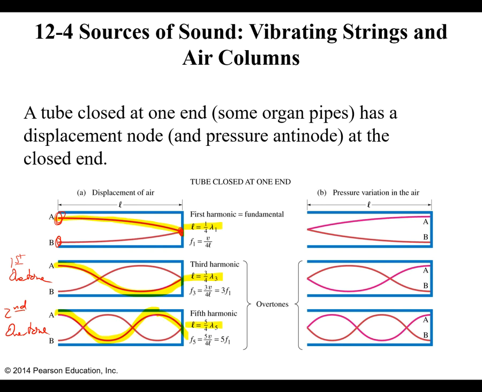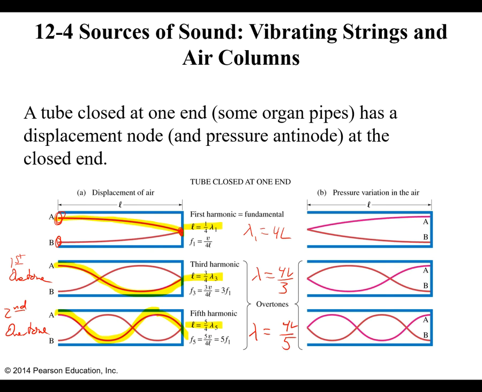So notice those equations then. The wavelength of your fundamental would be 4 times the length of your tube. The wavelength here would equal 4L divided by 3, and the wavelength here would be 4L divided by 5.